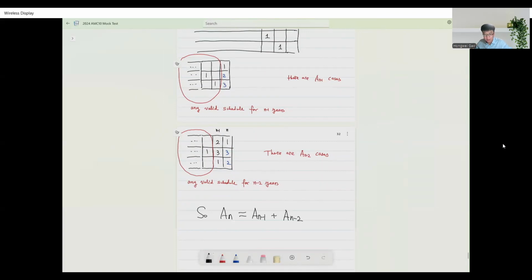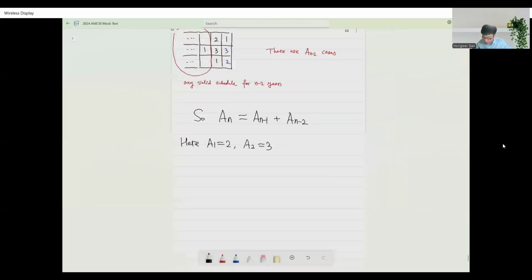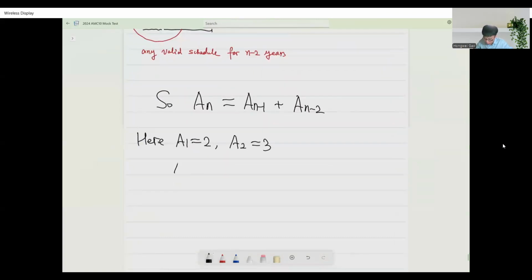Now let's apply the recurrence relation to solve A8. Here we have A1 equals 2, A2 equals 3. From that, let's solve all other ANs. So A3 equals A2 plus A1, which is 5. A4 equals A3 plus A2 equals 8. And A5 equals A4 plus A3 equals 13.